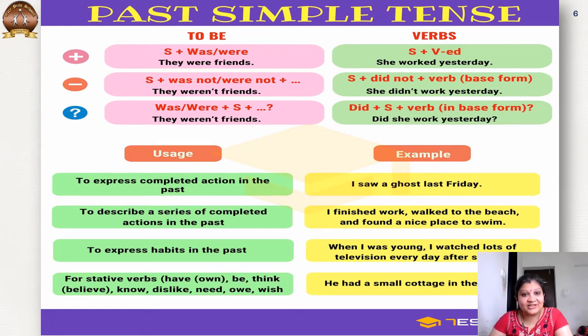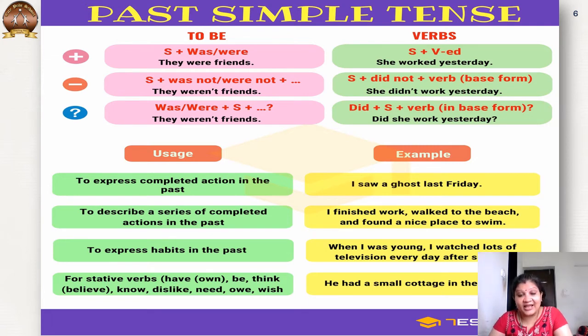So was and were are used in simple past tense when the sentence is expressing the state of being. Okay, so for negative, again we are just adding not, then question, was, were plus subject plus object. Was when the subject is singular and were when the subject is plural.